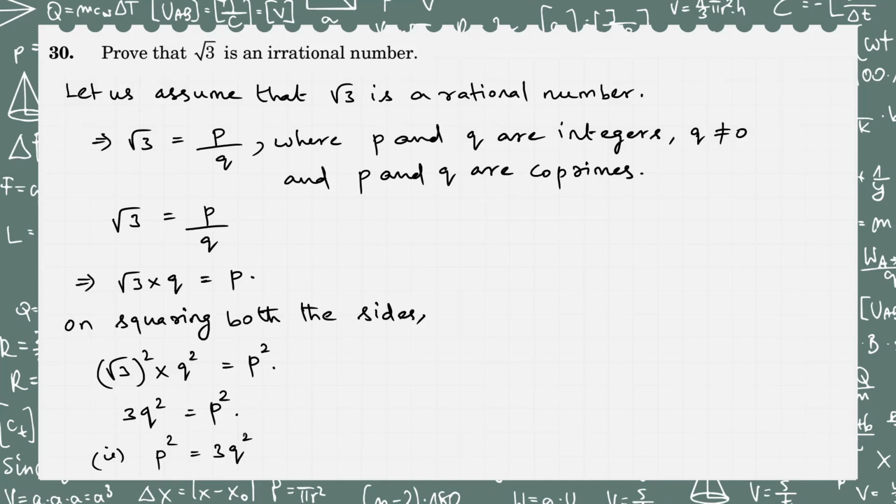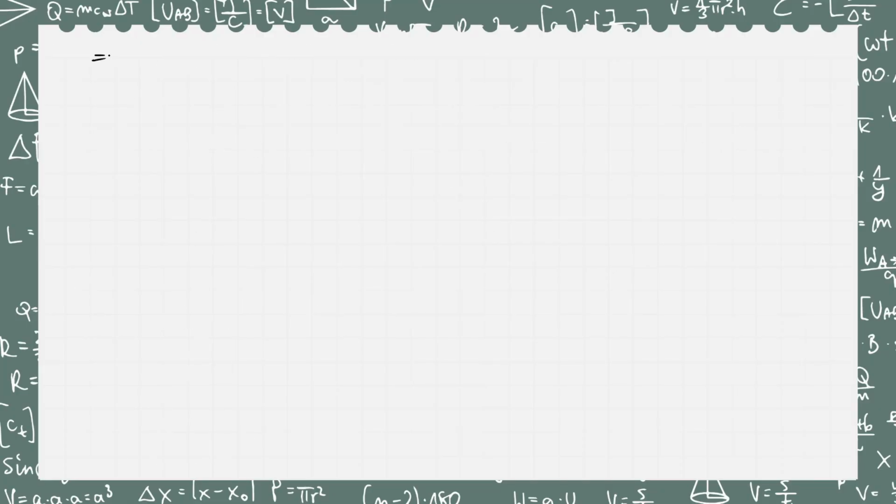When I am saying that p square is a product of 3 and another number, it should be a multiple of 3. So that implies p square is a multiple of 3, so it should be divisible by 3, obviously.